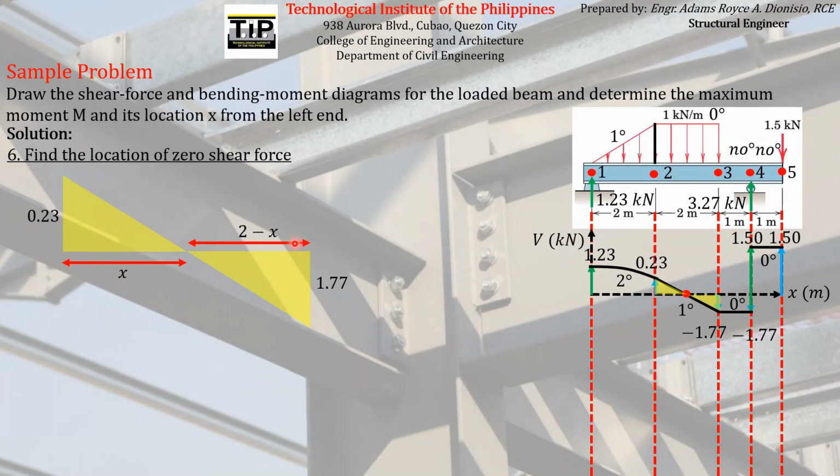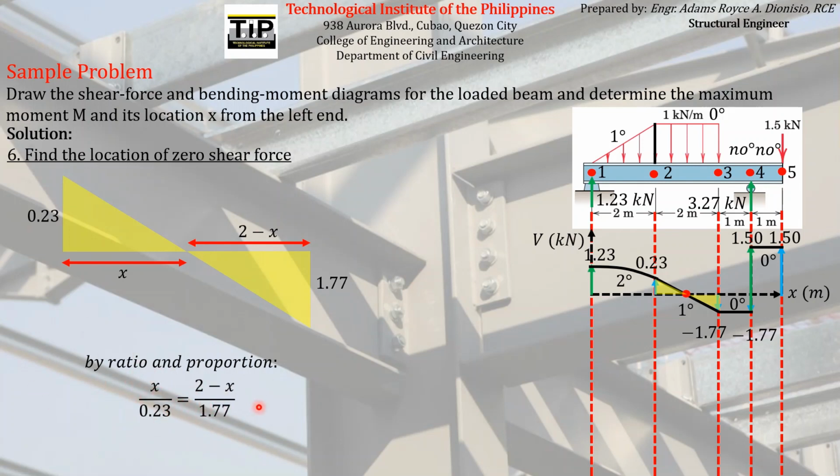So actually we have produced similar triangles. Using basic mathematics, if we have similar triangles, by ratio and proportion, the ratio of one side to the other side of the triangle must be equal to the ratio of one side to the other side of the other triangle. Or in equation form, we will have this.